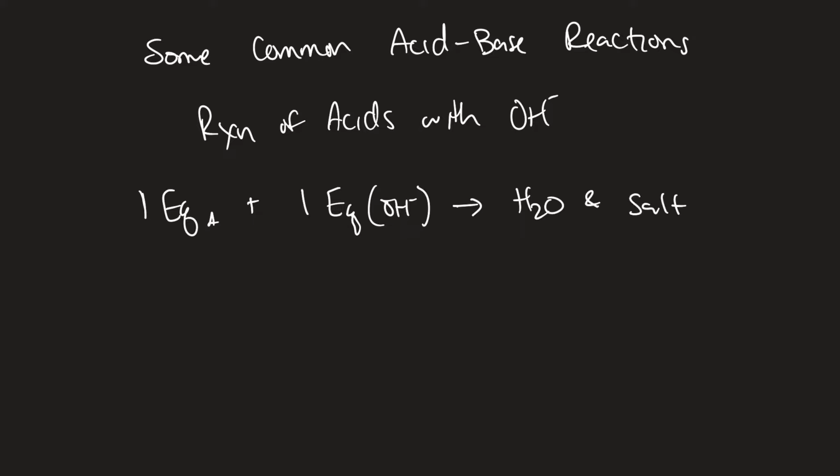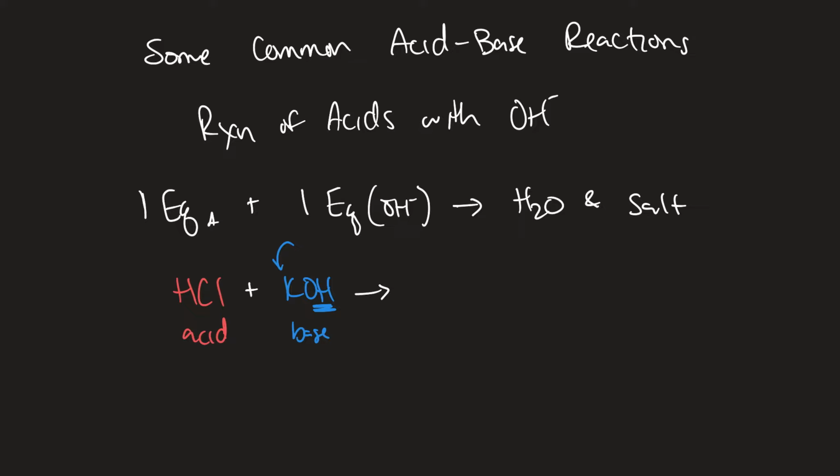Let me give you an example of how this looks. For example, if you had HCl, this is your acid component, and it reacts with, let's say, potassium hydroxide, that's your base component. Here's the hydroxide, here's the metal, so a metal hydroxide.